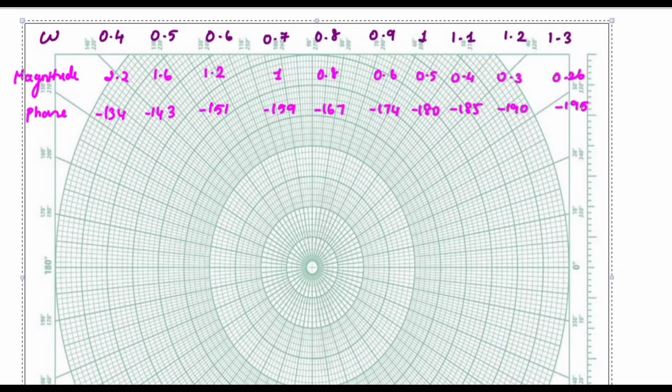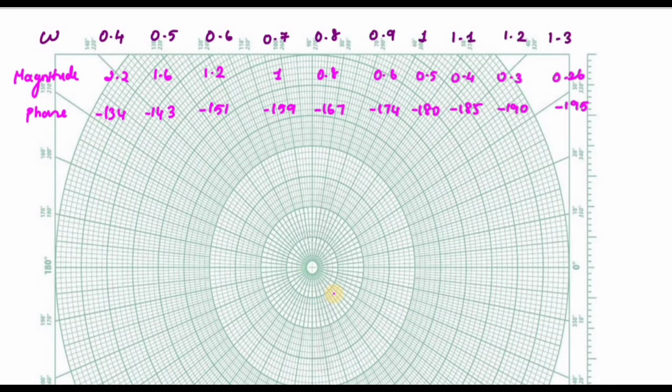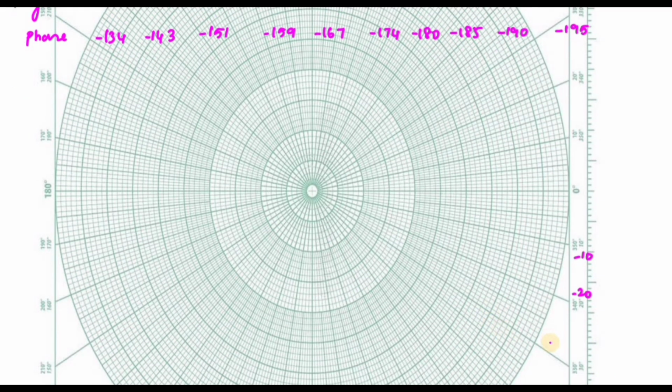So here you can see it is nothing but a type 1. It starts from this side, and it will end towards the order 3. So this is how the graph will look like. Since the phase is negative, this has to be minus 10, minus 20, minus 30, like that.